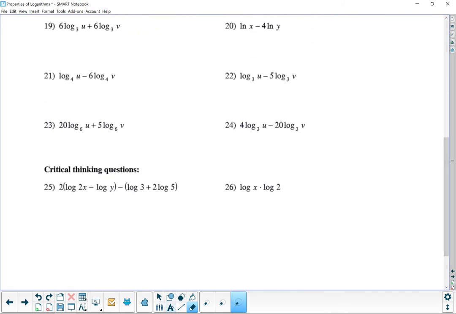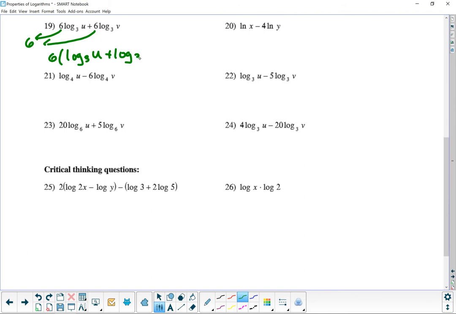So because they're both 6s, I'm going to factor a 6 out of each of these terms, which is going to leave me with 6 times log base 3 of u plus log base 3 of v. So that's what's going to happen if I factor a 6 out of both those terms.